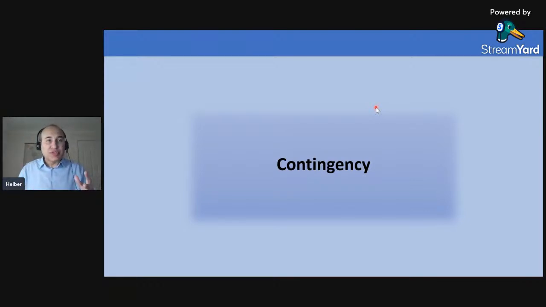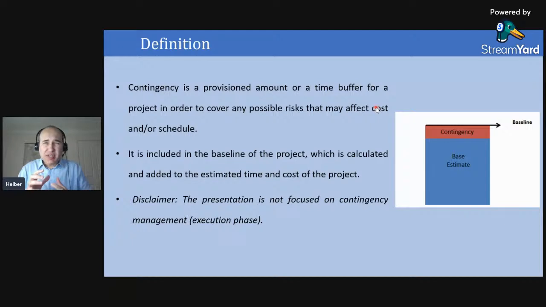So first, let's talk about contingency. Contingency is a provision amount. The focus here will be cost, not so much time, but it could be time as well, for a project to cover any possible risks that can affect the cost or schedule. In any project, risks can happen, and there are also uncertainties correlated with my planning and with the methodology I'm using to estimate my cost, that could affect my cost during execution.